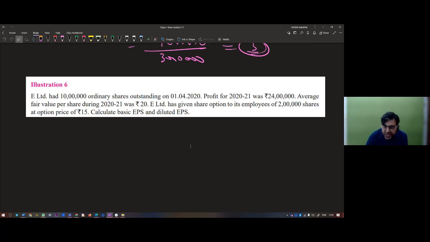10 lakh ordinary shares, the net profit is 24 lakhs, average fair value is 20, but the option price is 15. 2 lakh more shares.